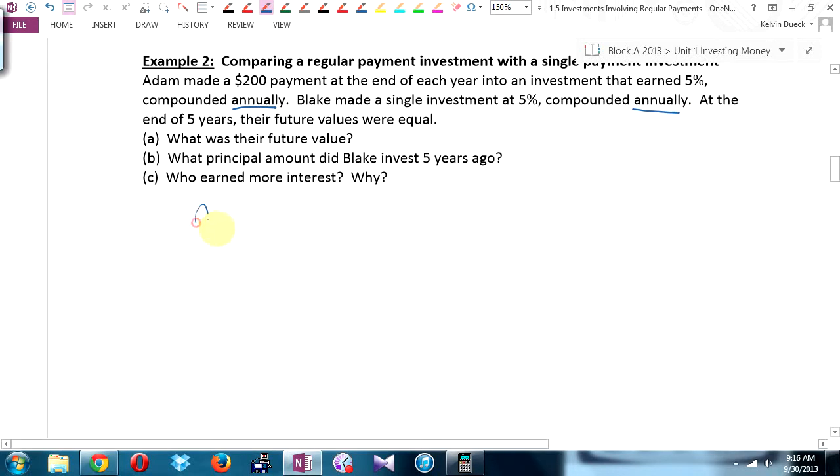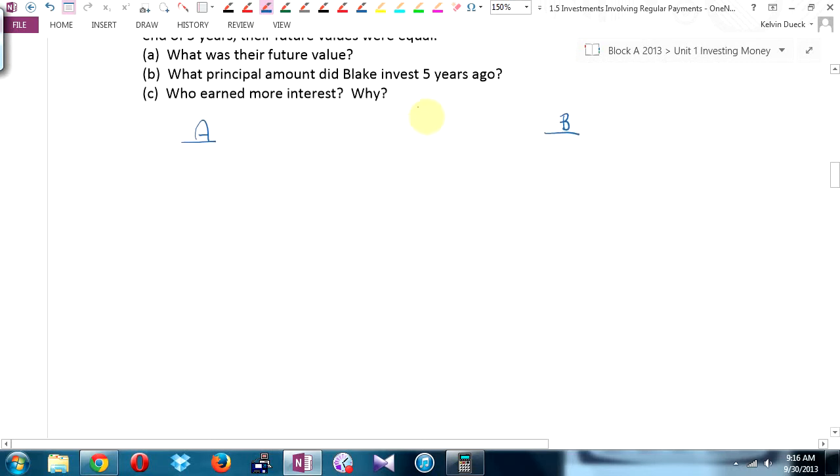Let's look at Adam and Blake, A and B, and let's draw a line down the middle of the page.